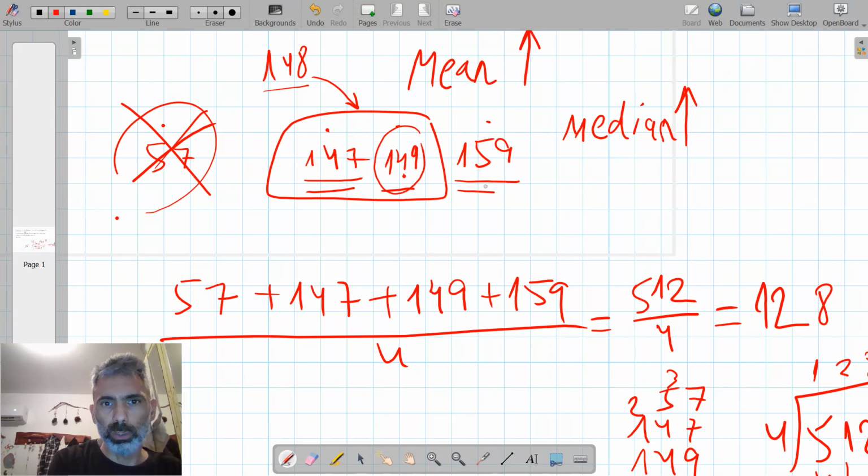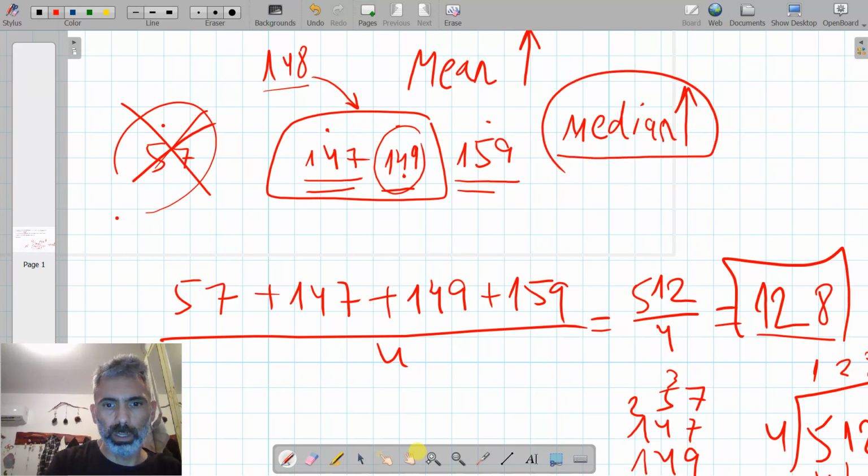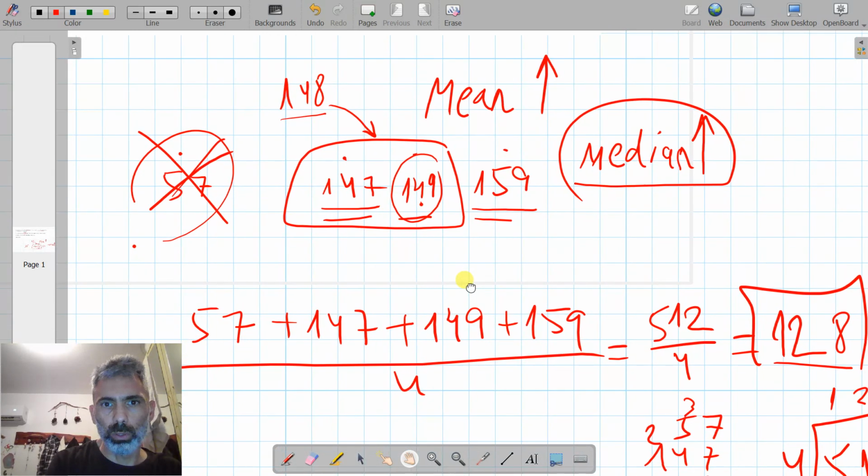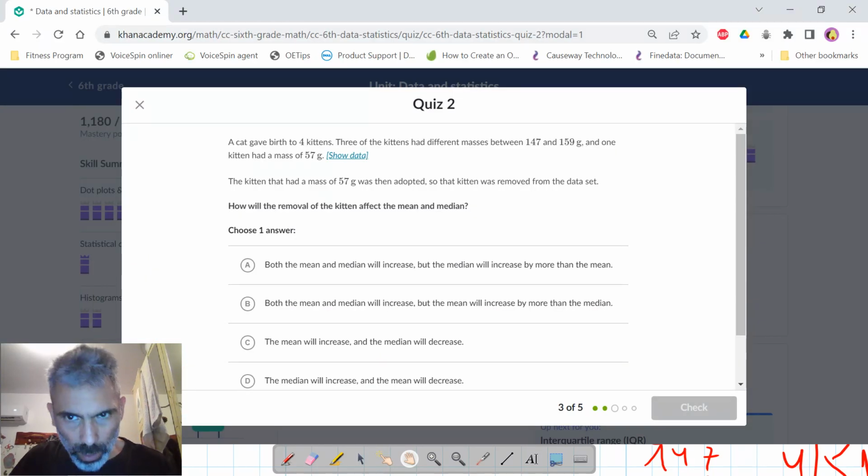It will be somewhere between 147 and 159, and it means that it will increase significantly more compared to the median, which we saw increased by 1. So both the mean and the median will increase, but the mean will increase by more than the median. That's the correct answer.